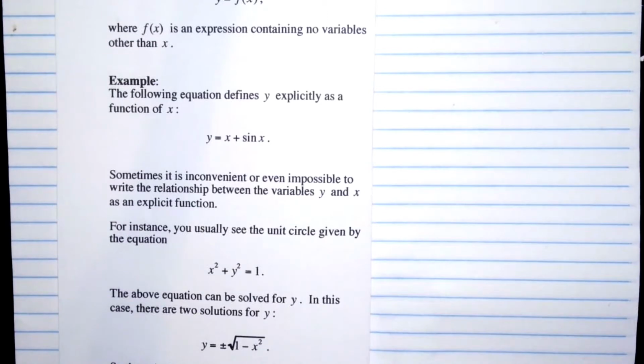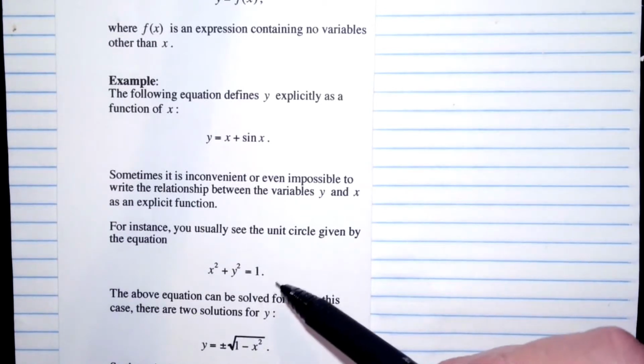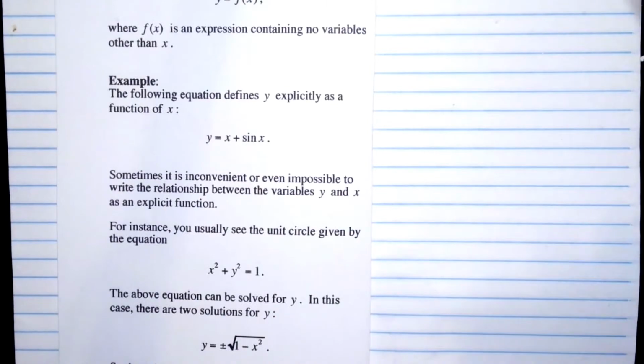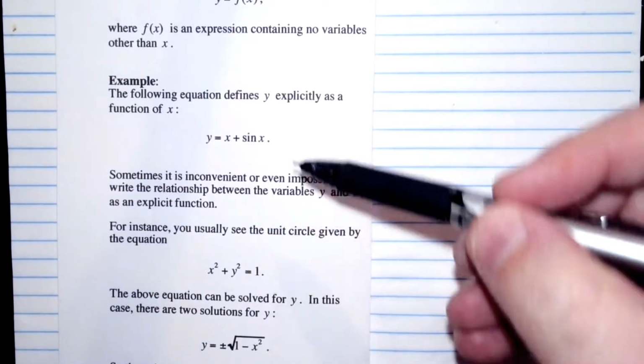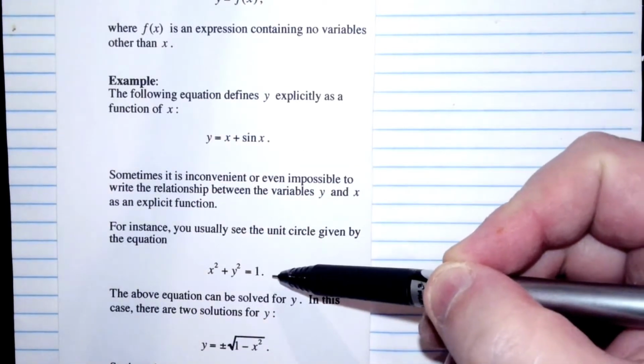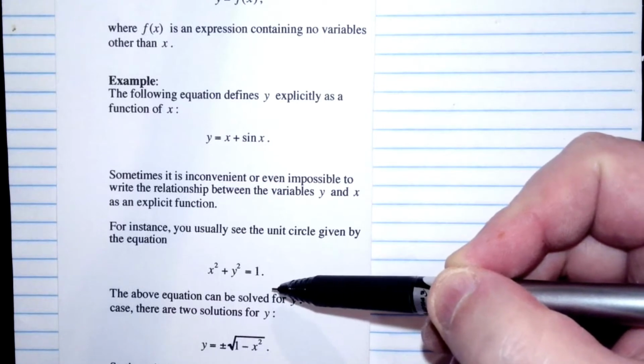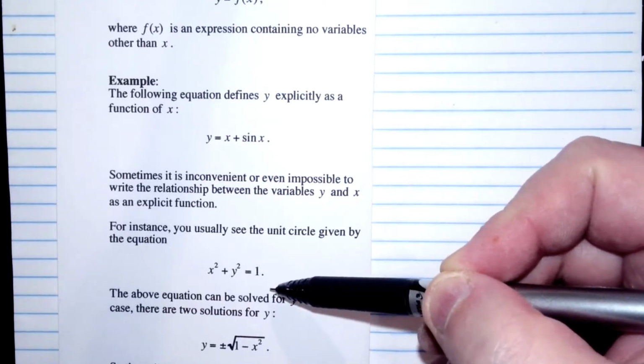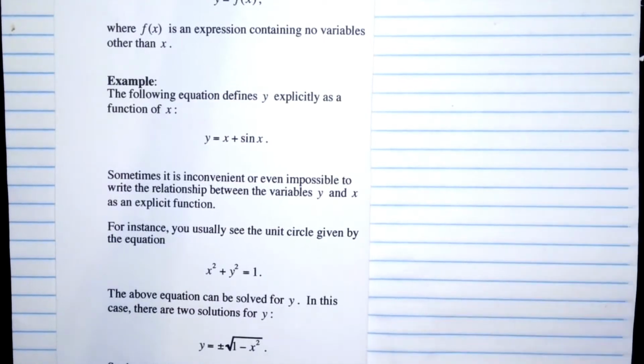This equation has y defined implicitly in terms of x. You could solve this for y and get y equals plus or minus the square root of 1 minus x squared, and then you'd have y expressed explicitly in terms of x.